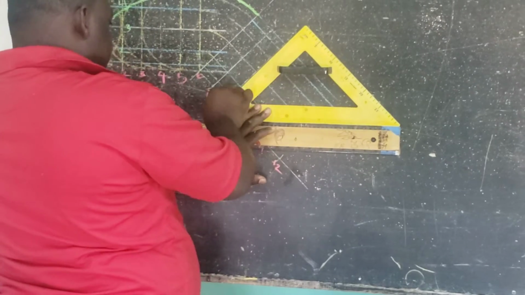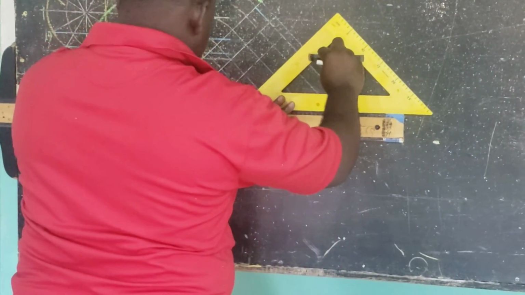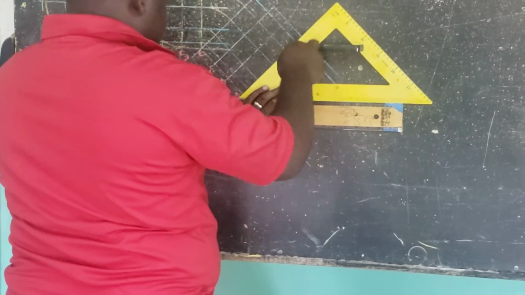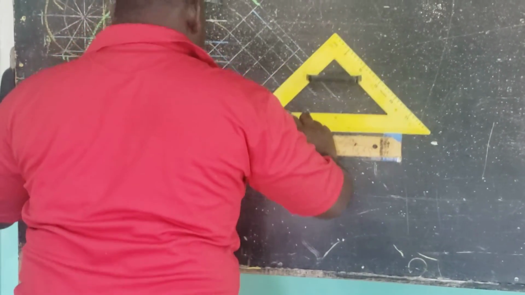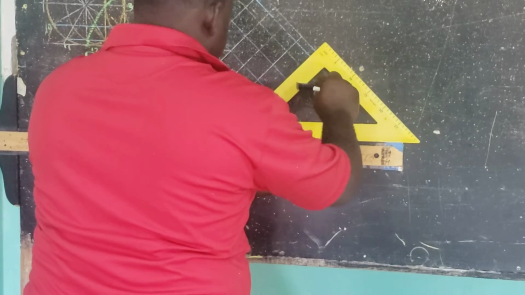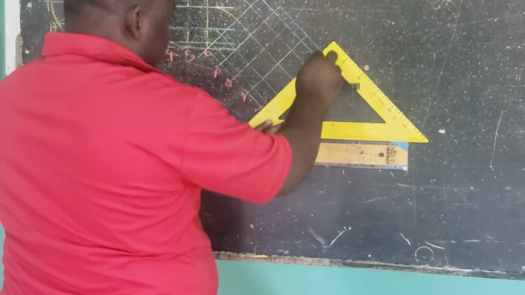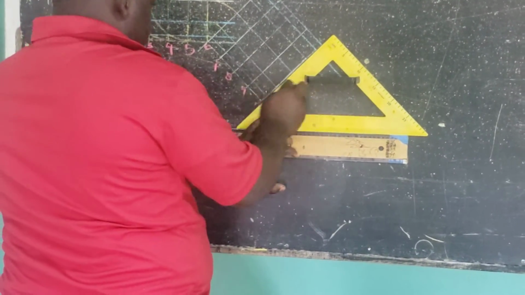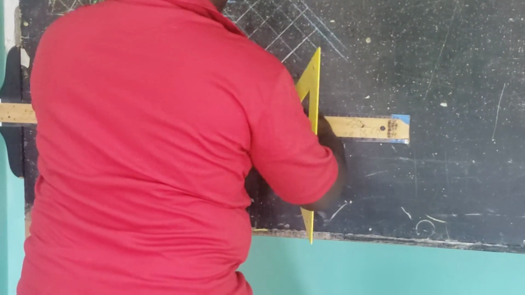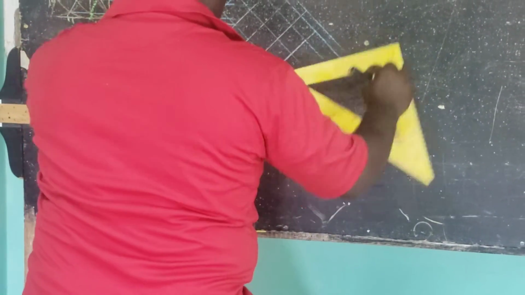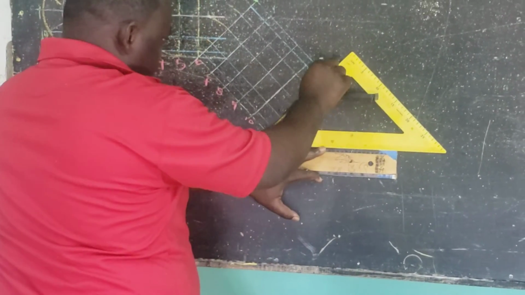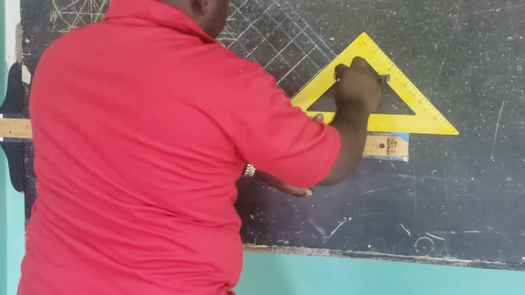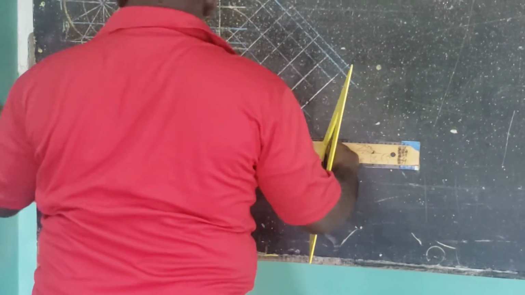Perpendicular to the baseline. Same thing will be true for 9. Perpendicular to the baseline. Then we need to get the same thing happening for 10. And then 11. And 12.